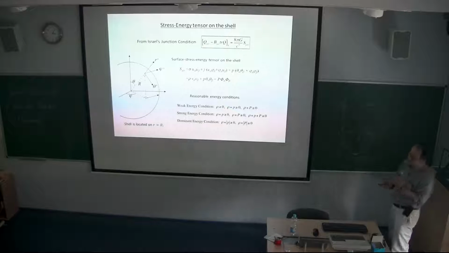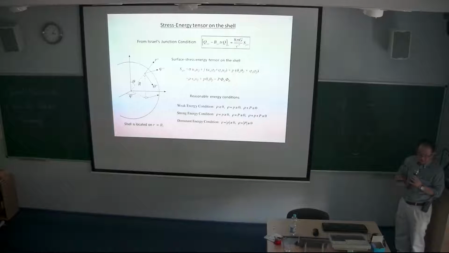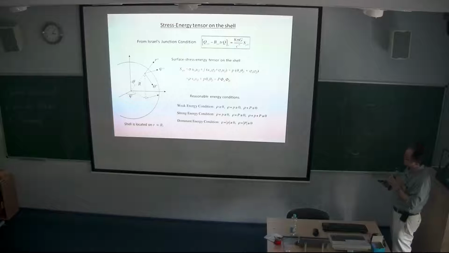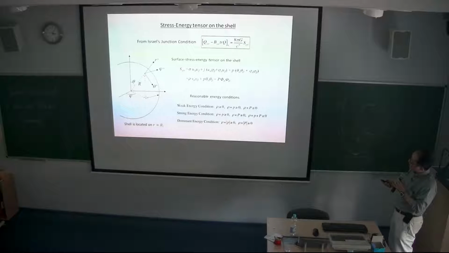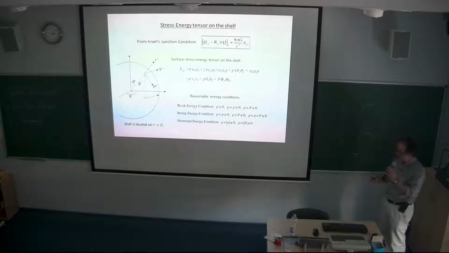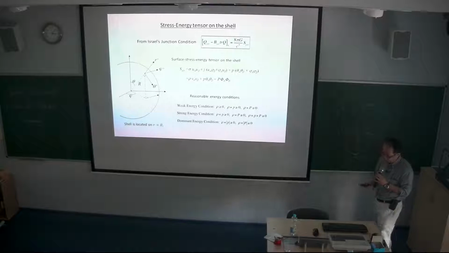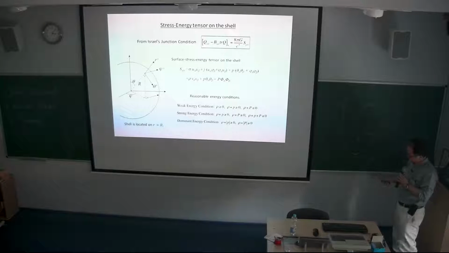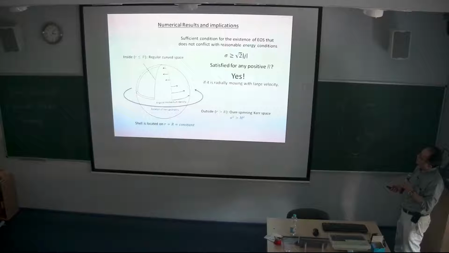We investigate whether the matter on the shell satisfies the reasonable energy conditions, given this surface energy density and J, the angular momentum density: the weak energy condition, strong energy condition, and dominant energy condition. By changing the basis vectors, we obtain the diagonalized form.